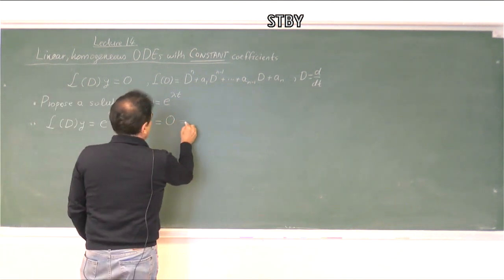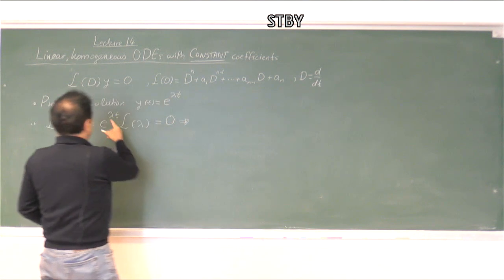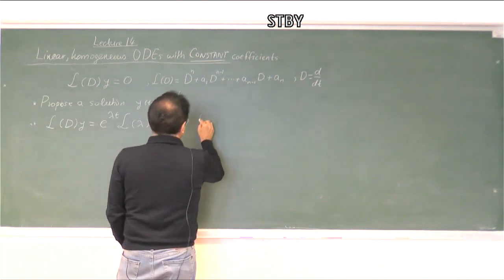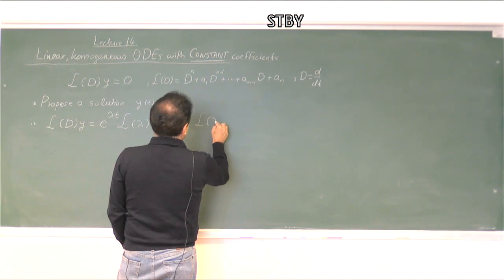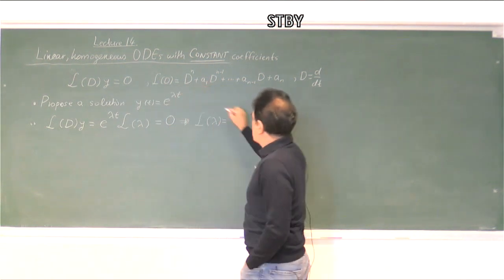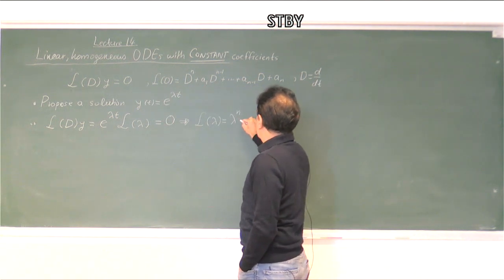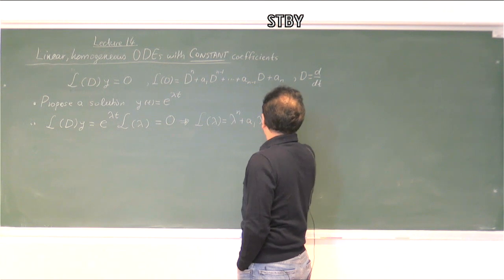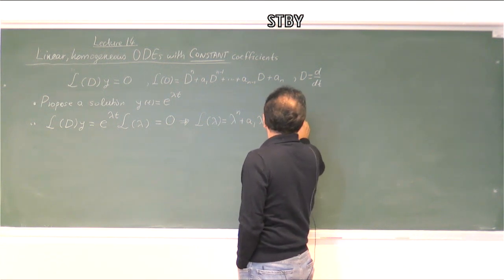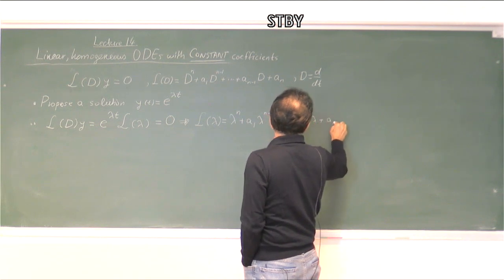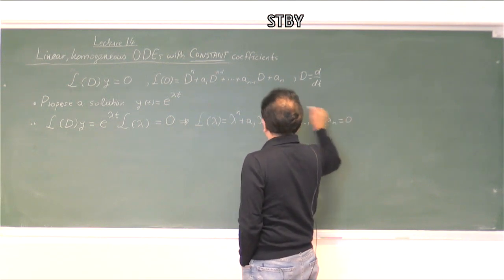Because e to power lambda t is never 0, this implies that L(lambda), explicitly written lambda to power n plus a1 lambda to power n minus 1 plus ... plus an-1 lambda plus an, must be 0.